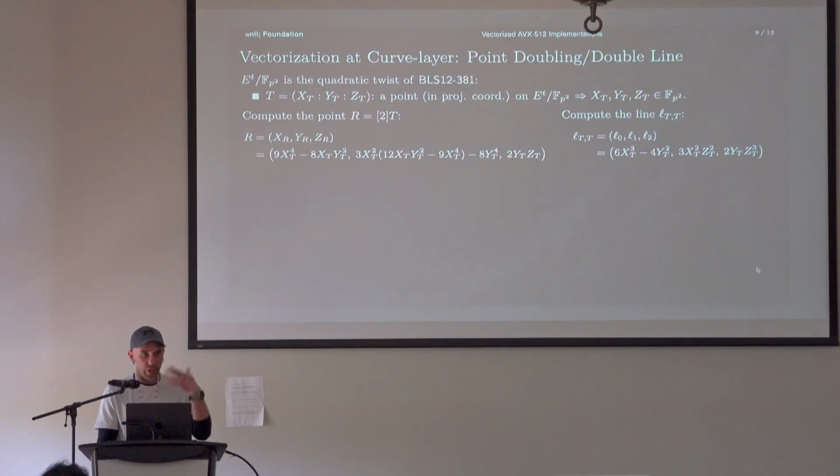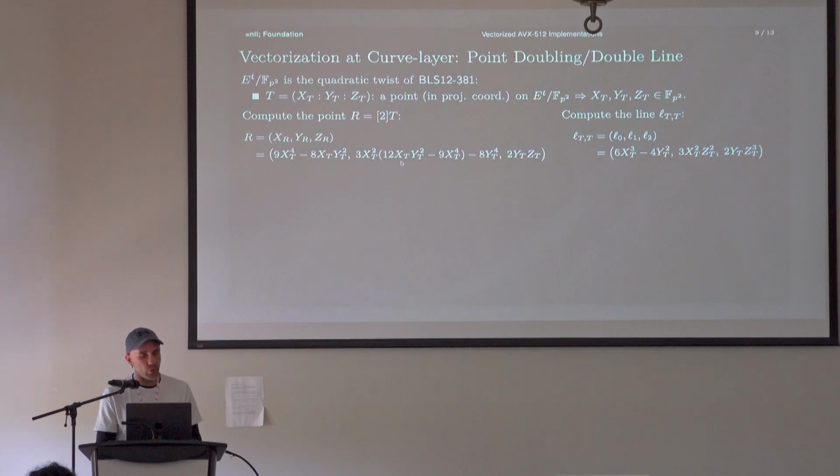Now again, moving one layer up, we have elliptic curve operations. And here I will describe point doubling and computing the line in the doubling step. So in BLAST, points on the curve are represented in projective coordinates, and in this case, we have a point T with 3 coordinates, and all coordinates are defined over fp squared. If we want to compute the double of the point T, we need to implement this formula here.